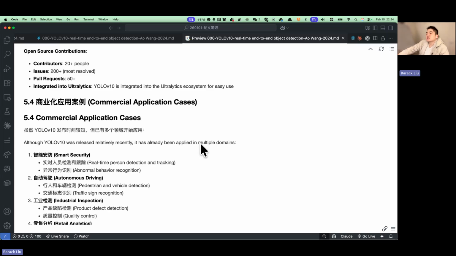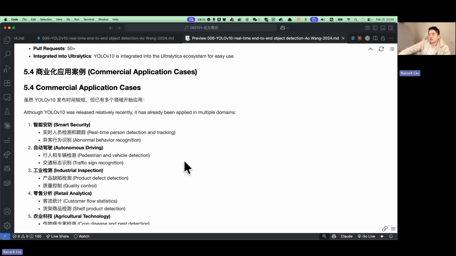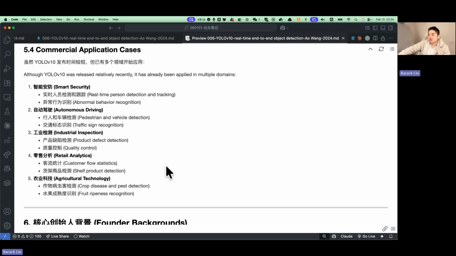Although YOLOv10 was released relatively recently, it has already been applied in multiple domains such as smart security, autonomous driving, industrial inspection, retail analytics, agricultural technology.